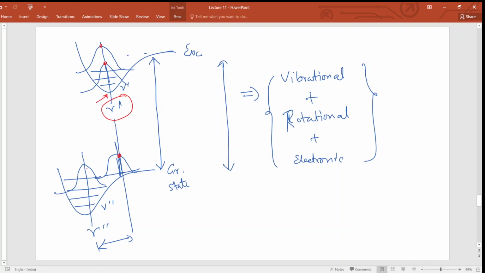However, if you look at this other value of R prime, you are likely to see some minimum here, so that is why the transition is less likely to occur at this particular value. So that is what this Franck-Condon principle states.